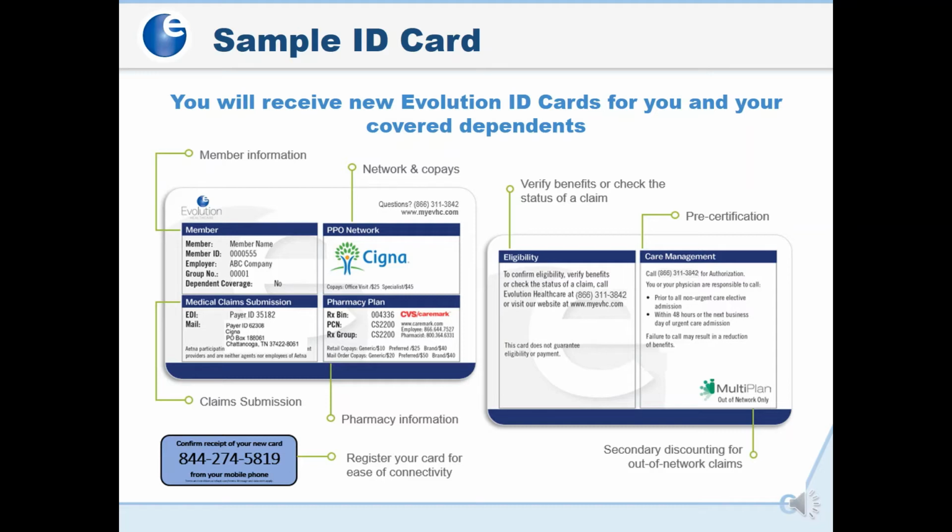If you're at the doctor's office and they tell you that they cannot locate you in the system or they're not able to verify your benefits, kindly remind them that all benefits must be obtained through Evolution Healthcare. If they're looking in Cigna's website or contacting Cigna directly for coverage, you will not be in there, as your benefits and coverage must be obtained through Evolution Healthcare.